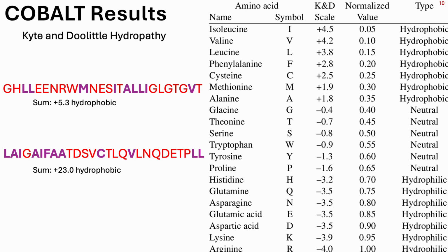The first scores a positive 5.3, while the second is positive 23.0. These positive scores mean that both regions are hydrophobic on average, with the purple regions specifically being hydrophobic amino acids. These fragments are probably part of a transmembrane domain, likely the phospholipid bilayer of the vacuole membrane itself.